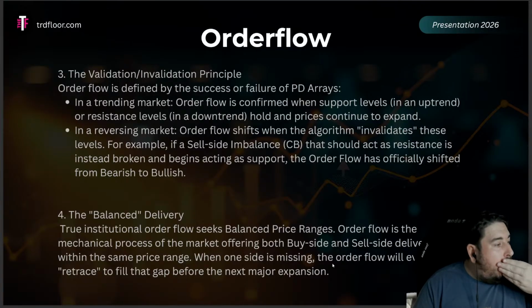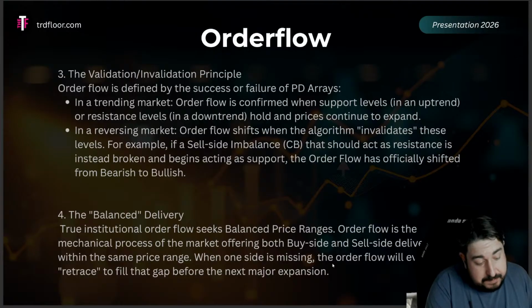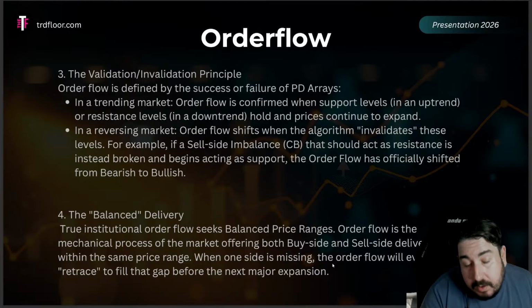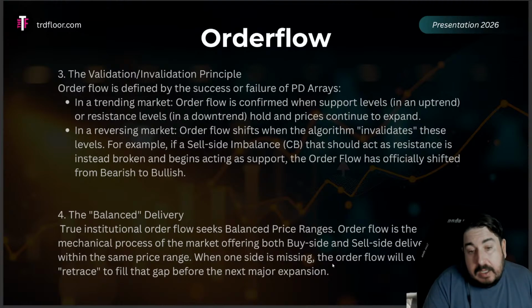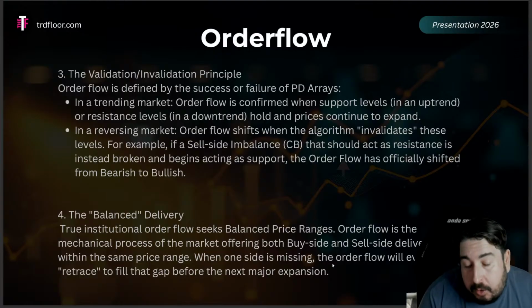And when it breaks a fair value gap from the left side, this means that when this fair value gap transforms into an inverted one, that level must act like resistance. If it doesn't and it breaks it, this means that we must officially change again our order flow.